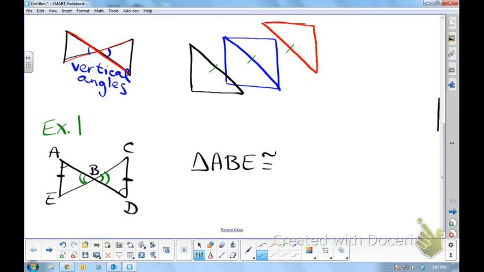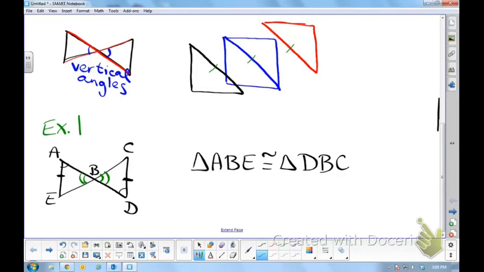The angle with one mark on the other triangle is D, so triangle D. B had two marks on its angle, and it's used twice, so DB. And then E had no angle mark at all, and C has no angle mark at all, so triangle DBC.